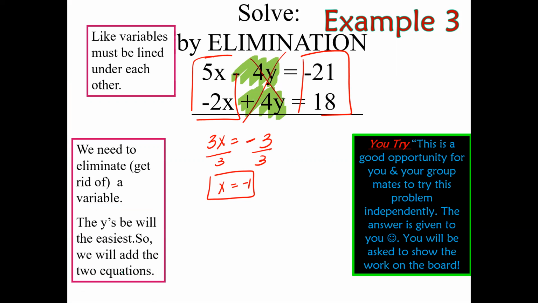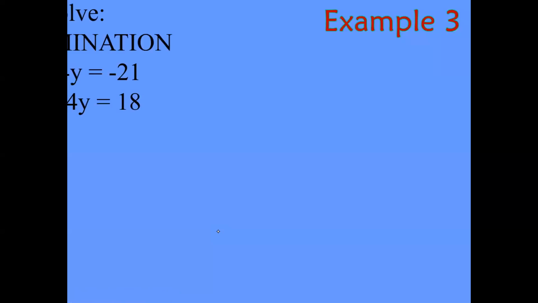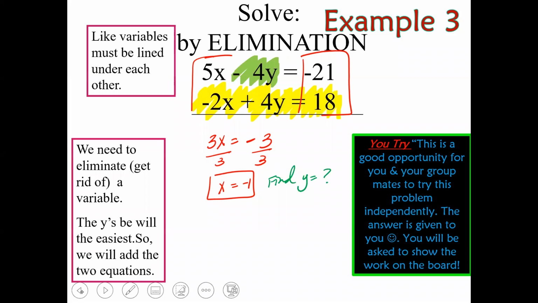Now that you have x, you have to go ahead and find y. And with y, you can pick whichever equation you want. I'm going to pick the second one since I used the first one the first time. So in order for me to find y, I'm going to ask myself, okay, I have negative 2 times x, so that's a negative 2 times negative 1 plus 4y equals 18.